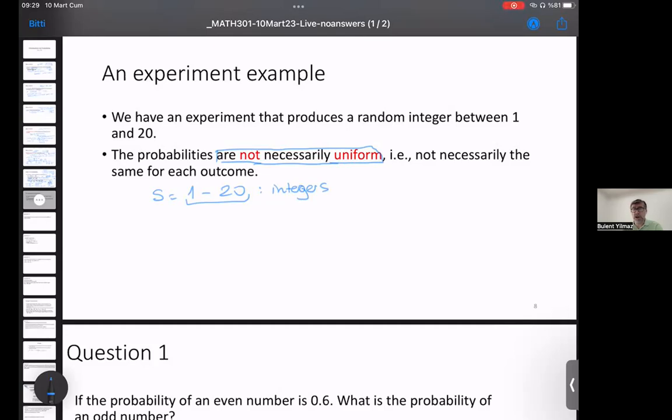Let me ask once again. What does it mean that the probabilities are not necessarily uniform? Olasılıklar düzgün dağılımlı değil. What does it mean?